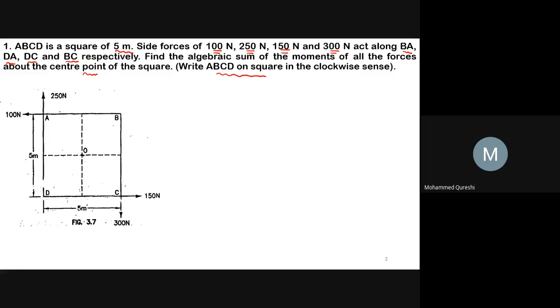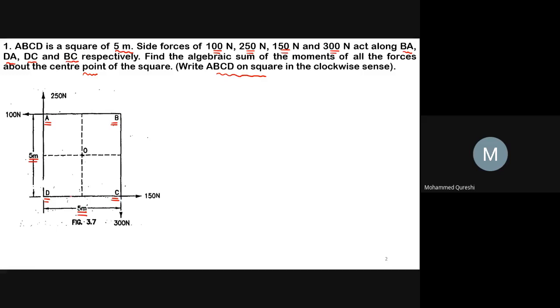So here we will draw the figure. This is our A point, B point, C point, and D point, making a square ABCD. And the square is of size 5 meter.